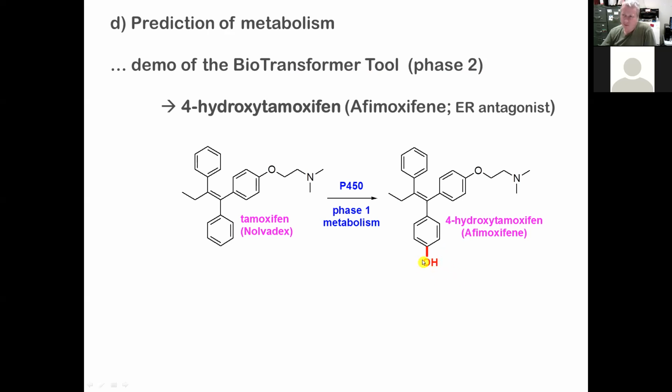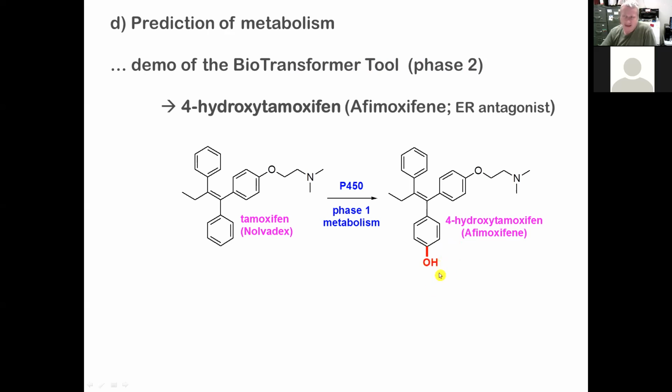Does anybody have any predictions of what phase 2 metabolism might happen on this hydroxy group? What were the phase 2 things of a nucleophilic atom like hydroxy? They all had kind of funny names.